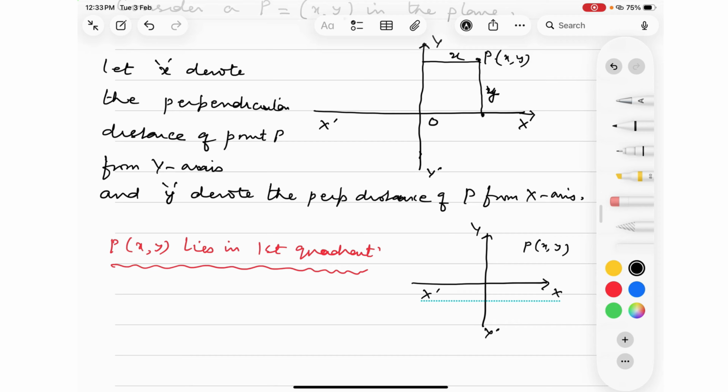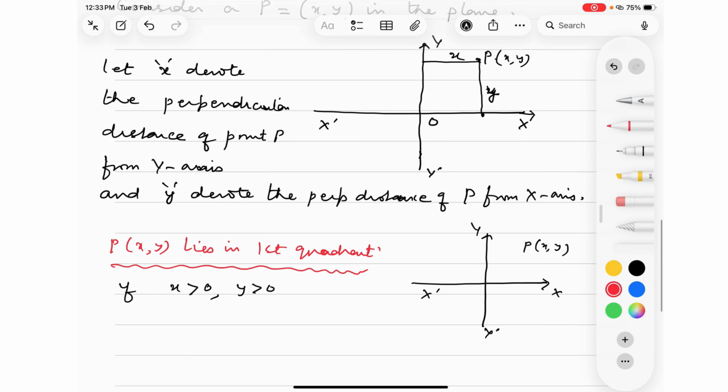Remember, x should be greater than 0 and y should be greater than 0. x should be positive, y should be positive. If P lies in the first quadrant, x and y both should be positive.